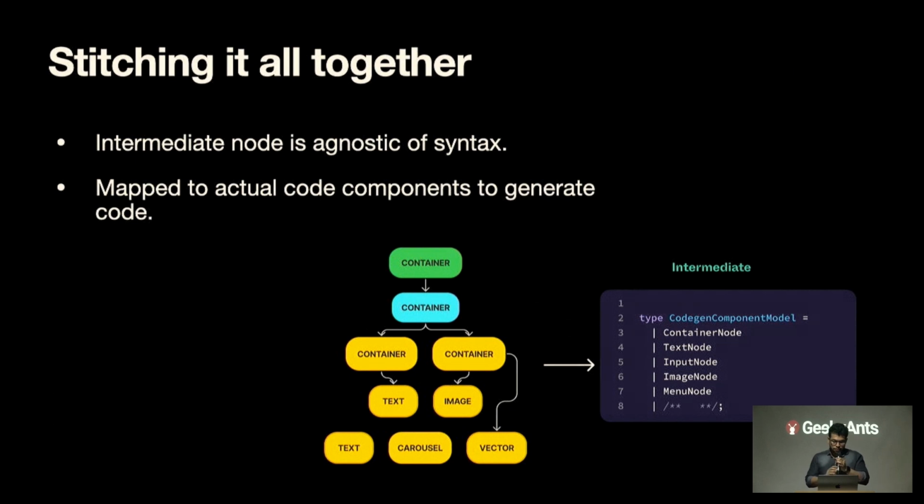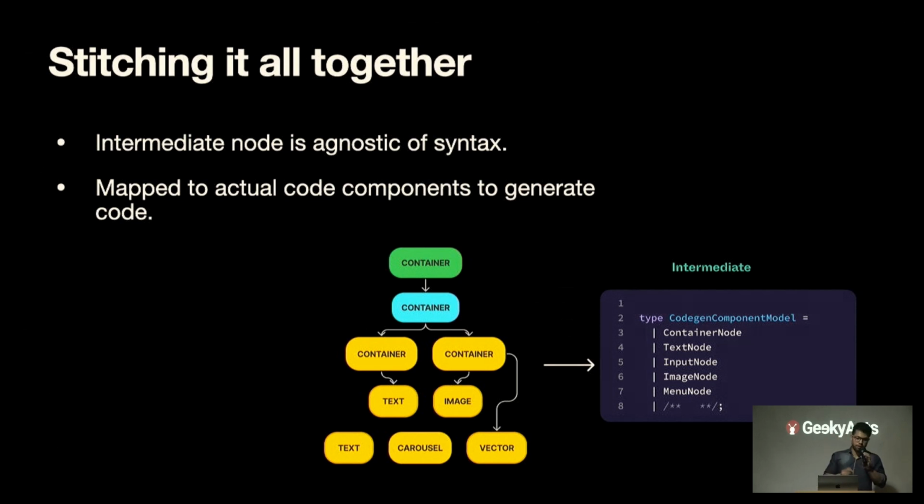Well, what we can do is take that live node, that container, that tree that I just showed you, and generate a model out of it. This model contains all the components that you might have in your system. So, for instance, this model might have container node, text node, input node, image node.